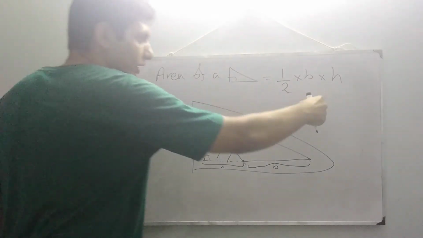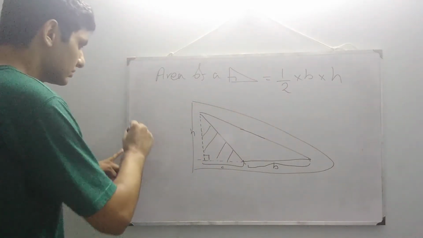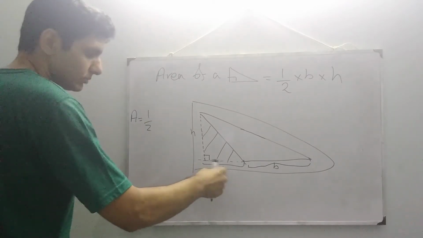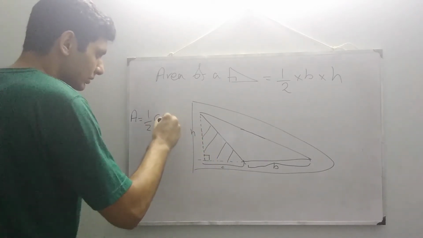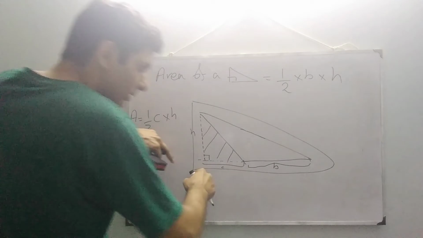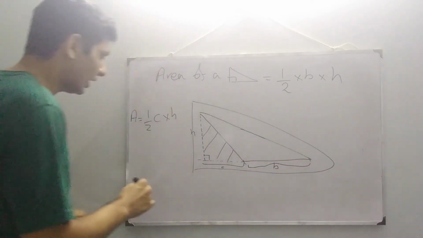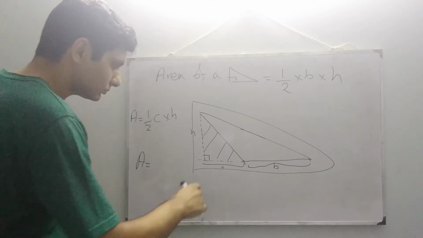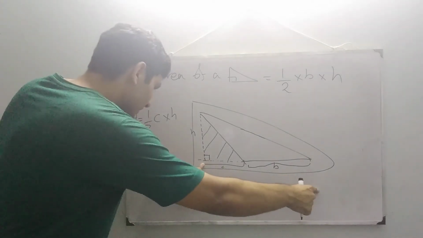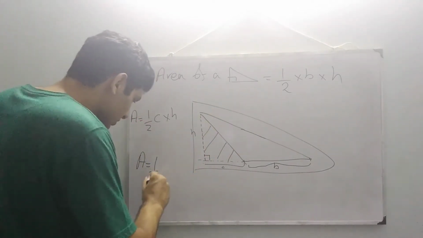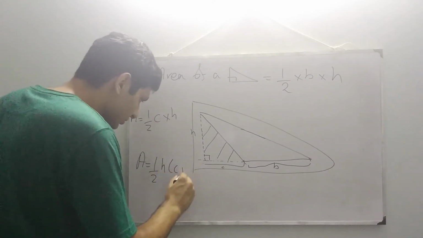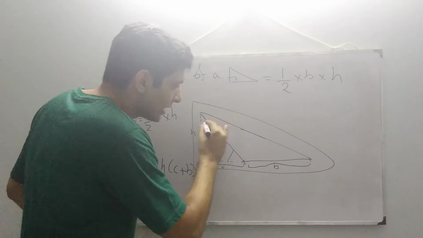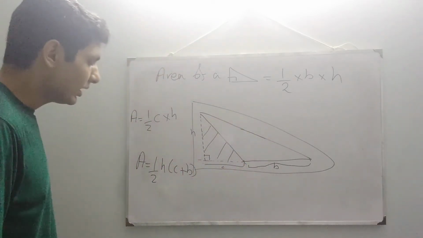I know the area of a right triangle. That's half of C, the base, times the height. This whole triangle is also a right triangle, and its area is, well, the base is C plus B and the height is H. The area of the bit I'm interested in is this.